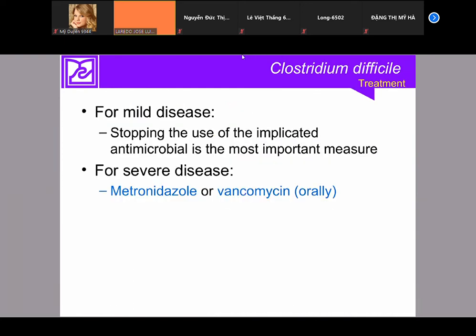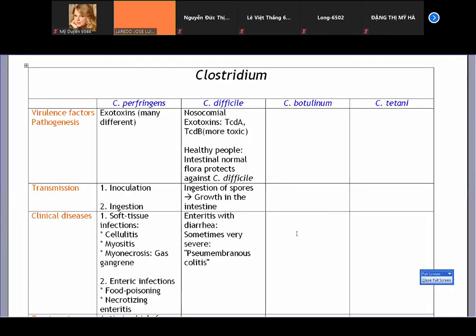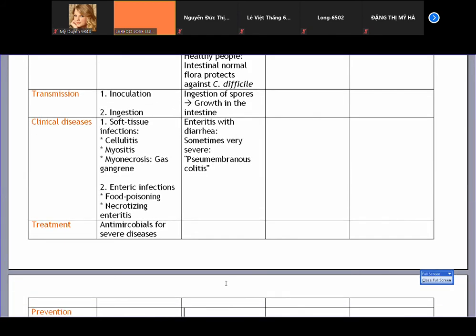So what can we do with this? How can we treat this? If the disease is mild, if the diarrhea is mild, we can just stop the antimicrobial treatment of the patient. So if we stop the antimicrobial treatment, the normal flora will appear again, and the normal flora will control the disease.